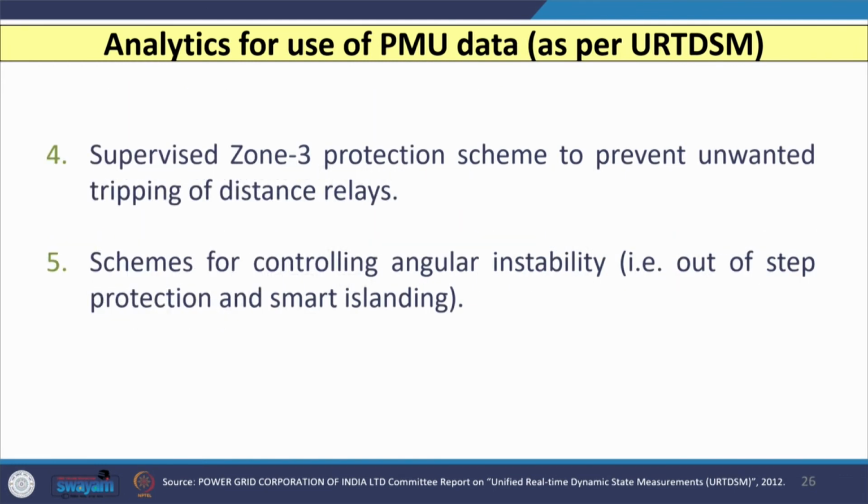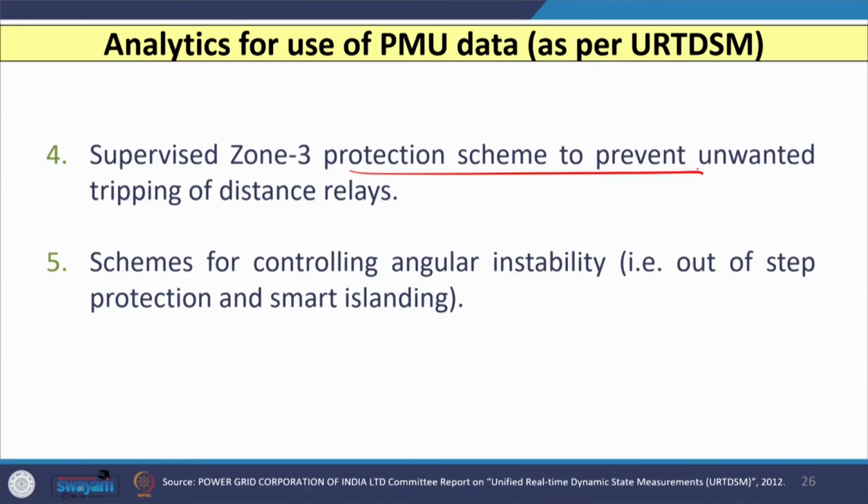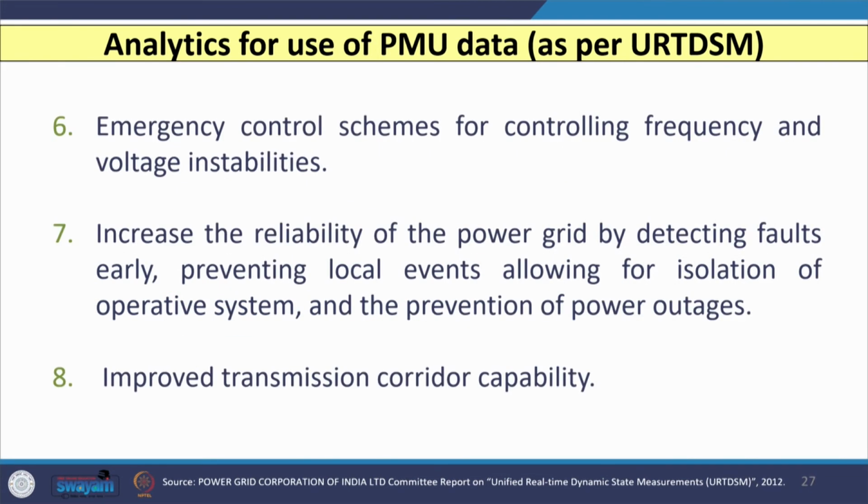We can also go for the supervision of zone 3 protection scheme to prevent the unwanted operation of distance relays, because of which the 2012 blackout happened. And we can also design the schemes for controlling angular instability, that is out of step protection and smart islanding if it is there. And further we can also extend the utilization of PMU for emergency control schemes for controlling frequency and voltage instabilities.